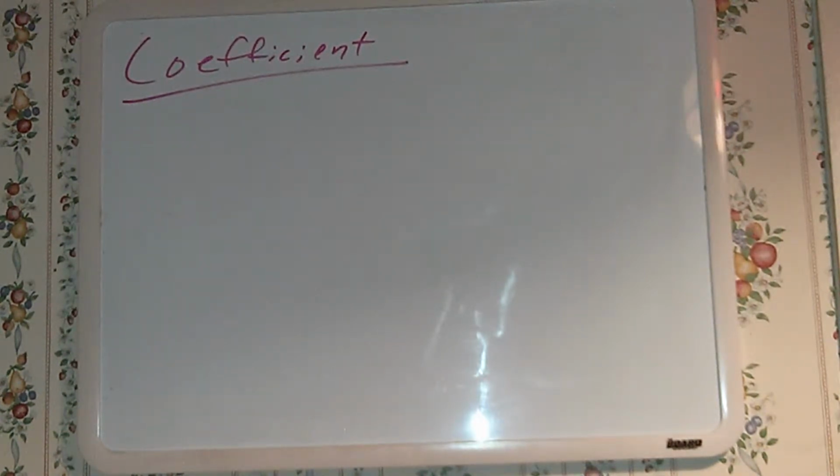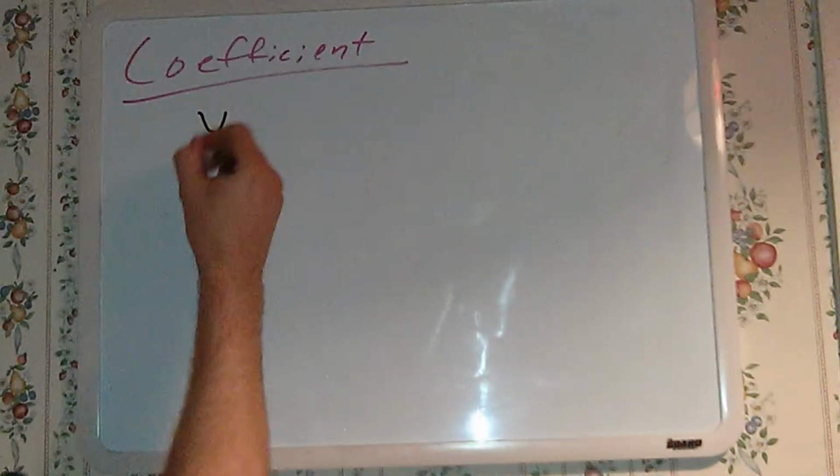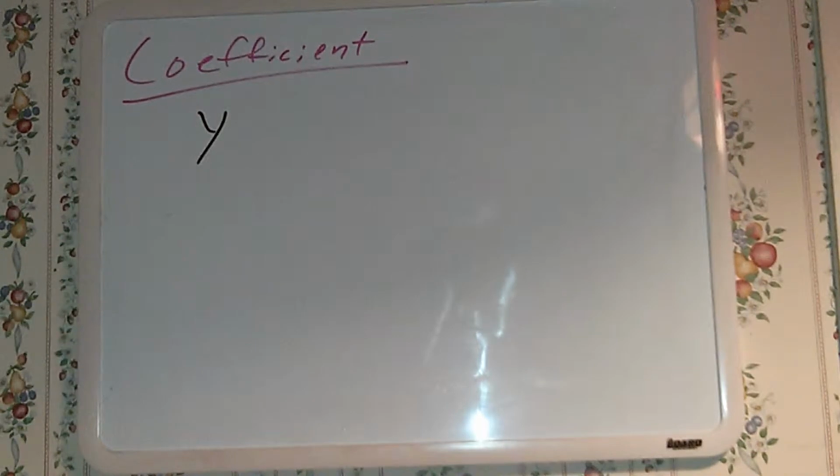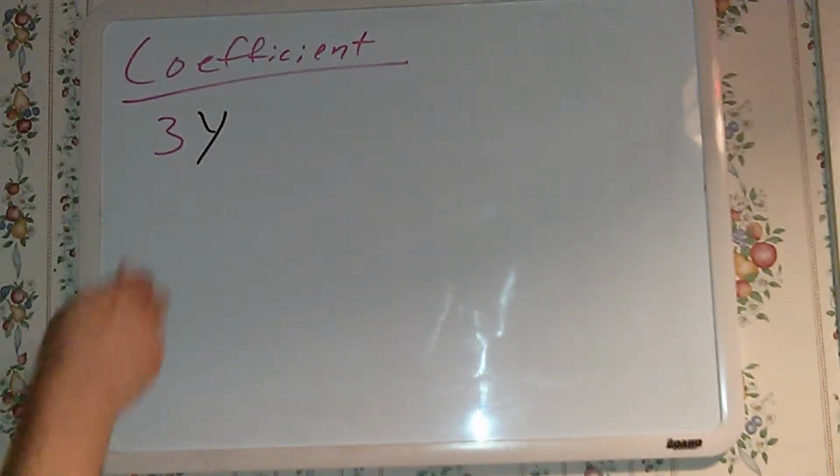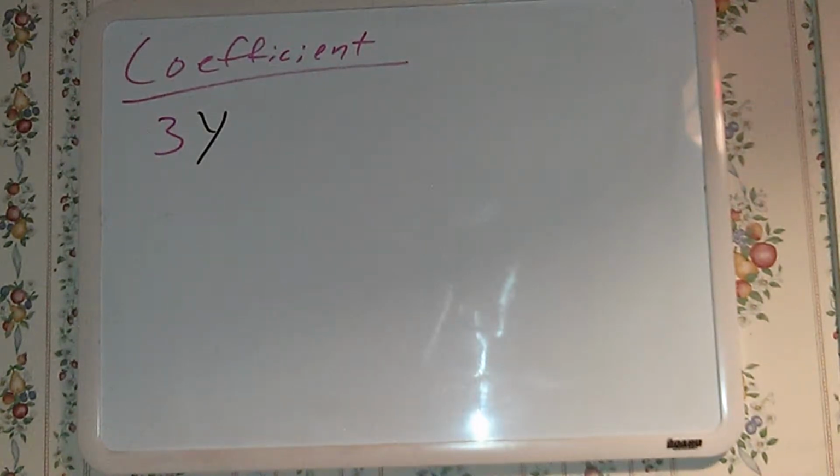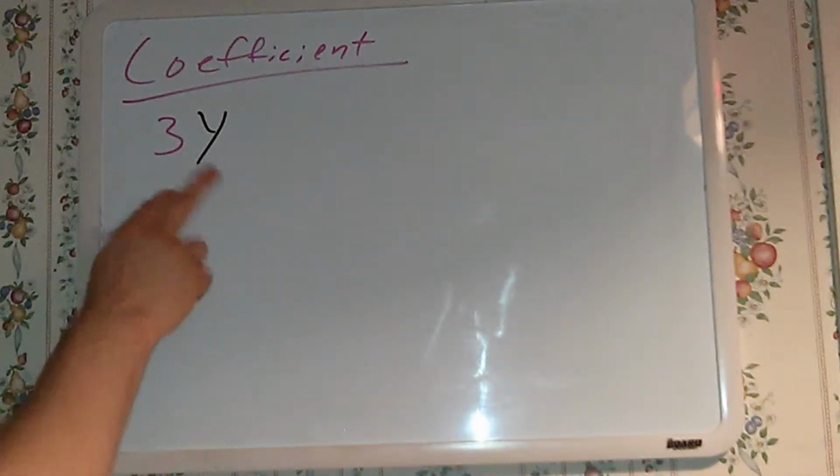But what a coefficient is when you have a variable, like let's use y. The letter in black is our variable. You can have numbers with a set value coupled with those, like a 3. And this is your coefficient. And what that means is when you get a value for y, you multiply the two together.